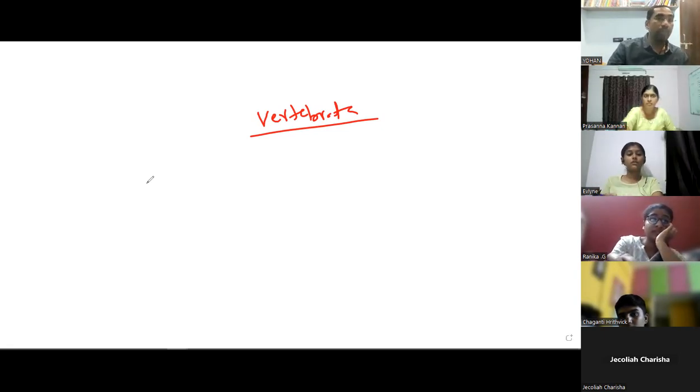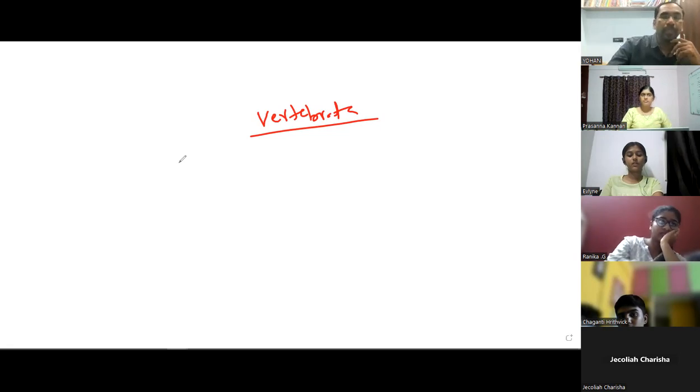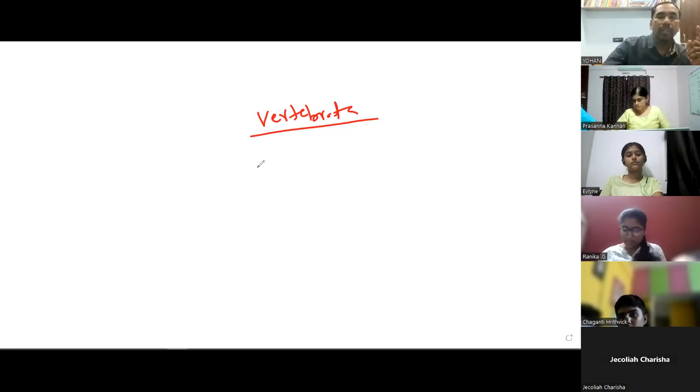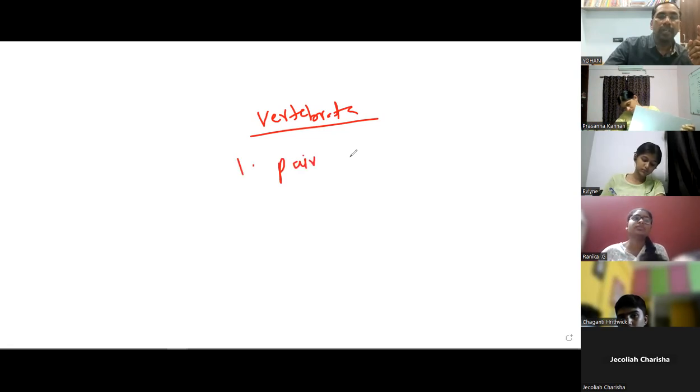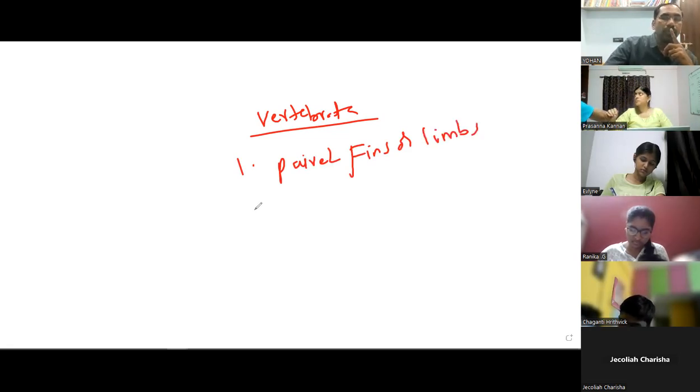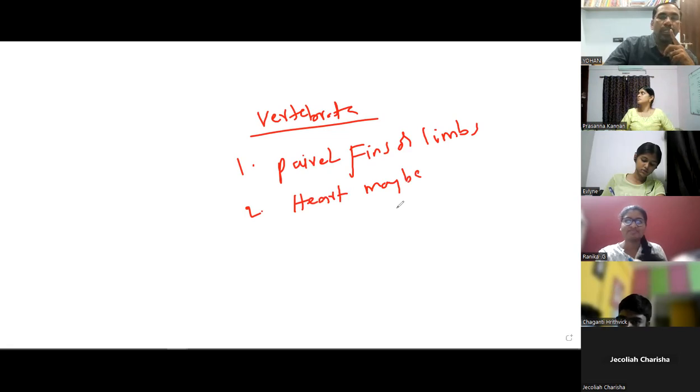So what are the peculiar features found in Vertebrata? Number one, paired fins or limbs present. Number two, heart may be 2, 3, or 4 chambered.